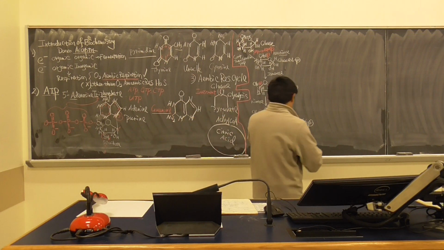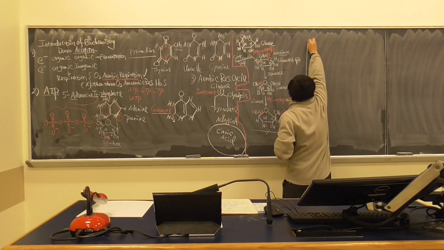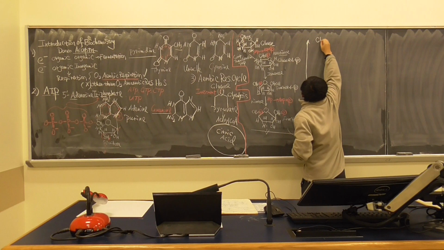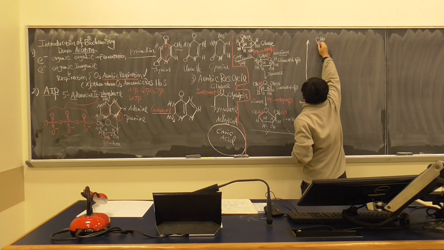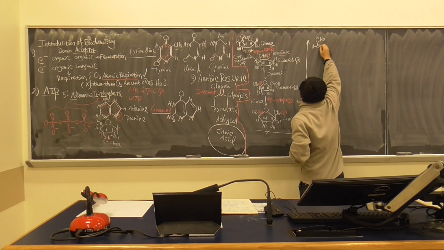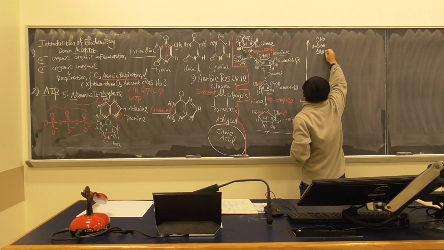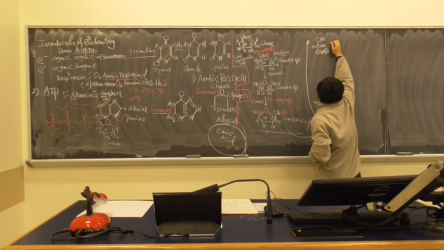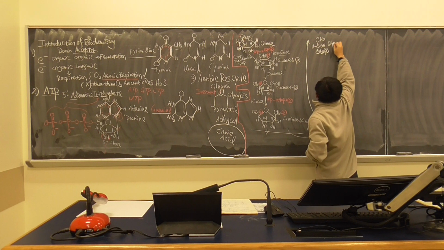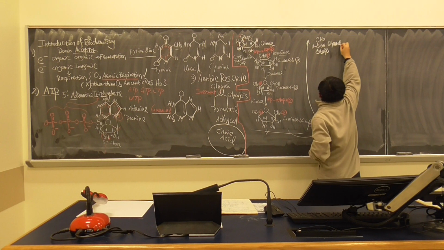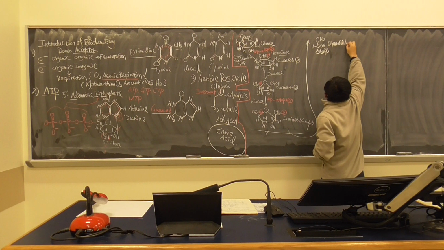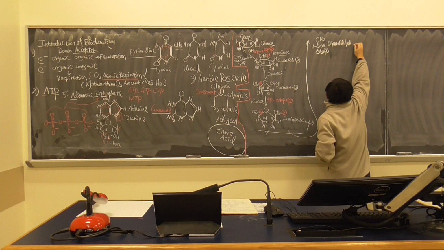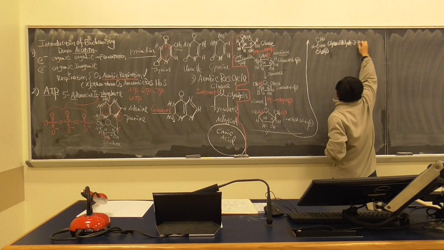So this comes up with CHO, aldehyde, HOH, CH phosphate. This becomes glyceraldehyde 3-phosphate.